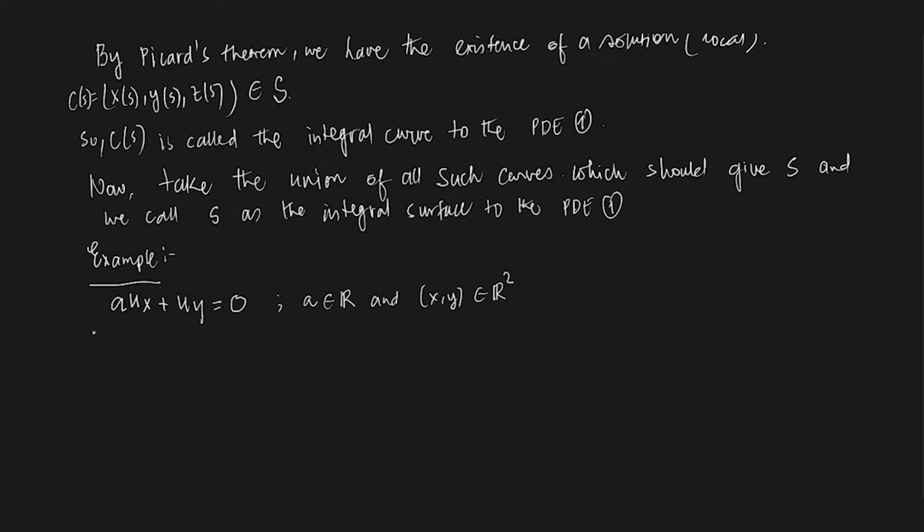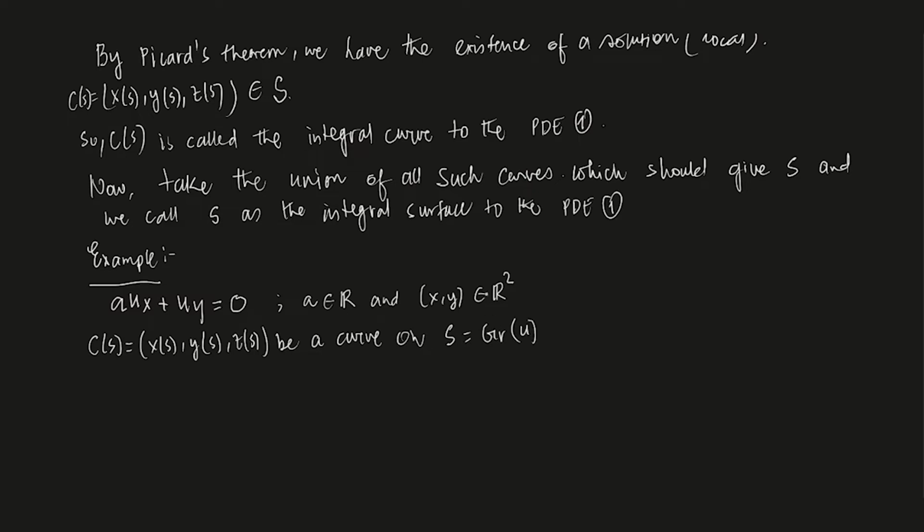So what you need to do is, first of all, write down the characteristic equation. So let's say c of s is x of s, y of s, and z of s, be a curve. I want this to be an integral curve, a curve on S, which is the graph of u.